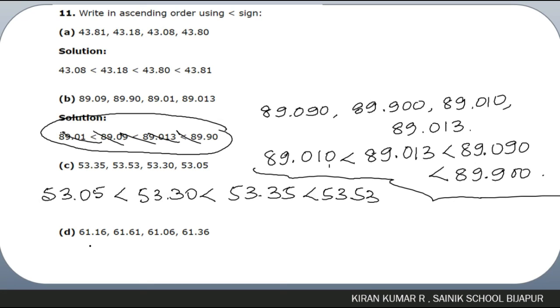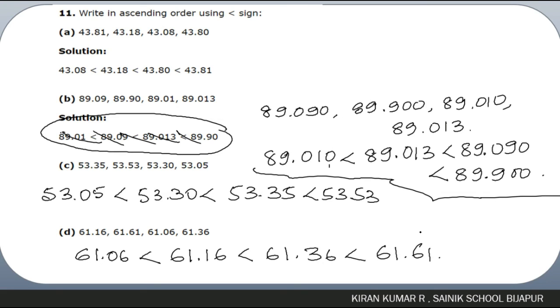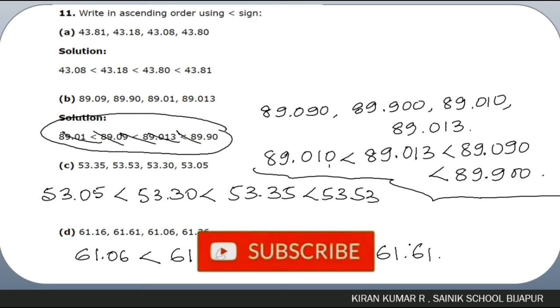They are like decimals. The smallest among these is 61.06. It is smaller than 61.16, smaller than 61.36, that is smaller than 61.61. This is how we express in ascending order.